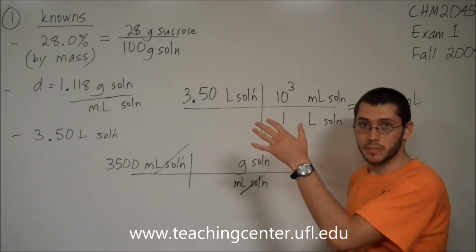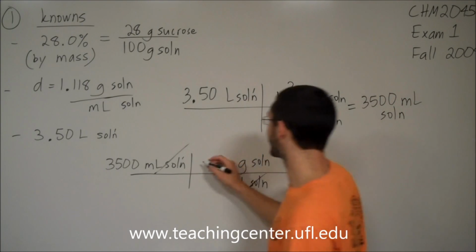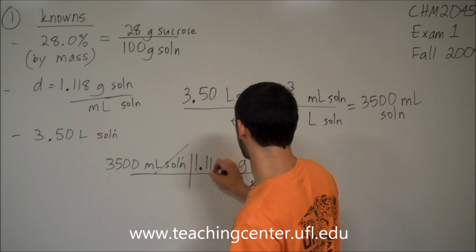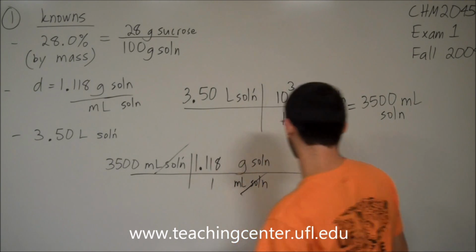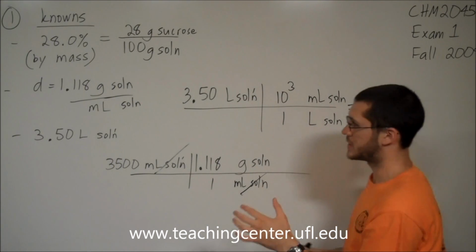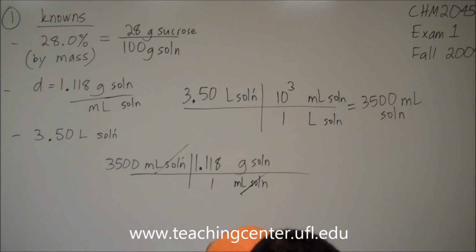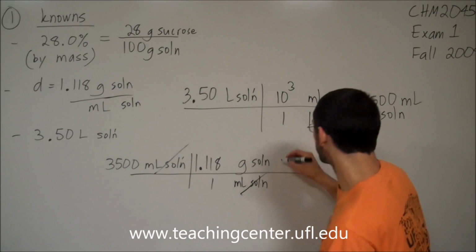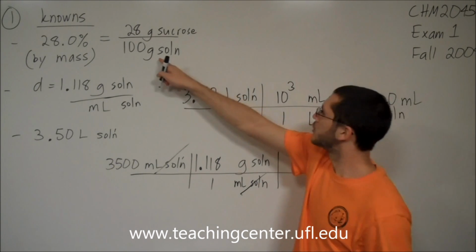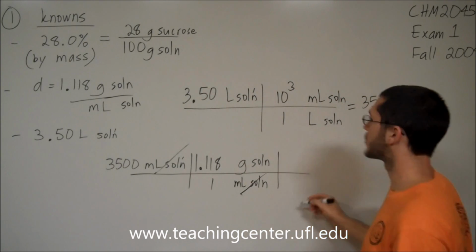Put the numbers in their correct spots, and be sure to put the units with their right numbers. Good. So now I'm at grams of solution. But the question wanted me to get grams of sucrose. So how do I go from grams of solution to grams of sucrose? I'm going to use that ratio.